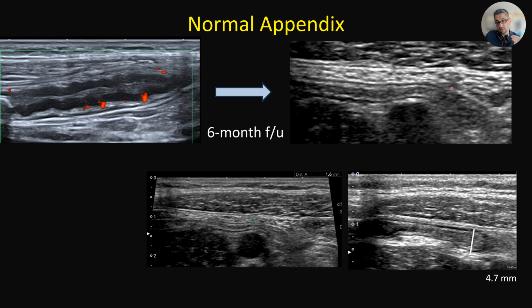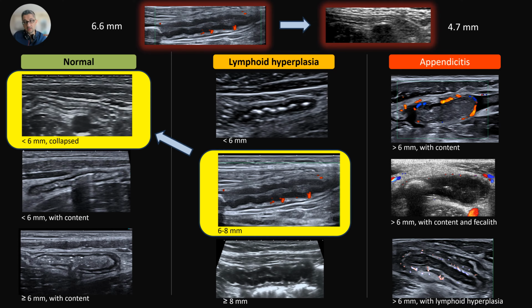There is no thickening of the lamina propria anymore, so there is no lymphoid hyperplasia. So this appendix is falling into this category, initially an appendix with lymphoid hyperplasia measuring between 6 and 8. On the follow-up, it goes down to 7.4 millimeter, and there is no lymphoid hyperplasia anymore, as you can see here.